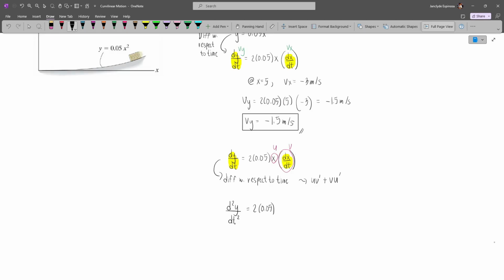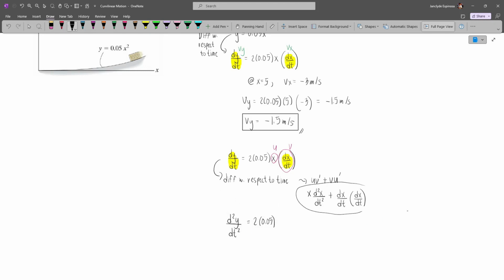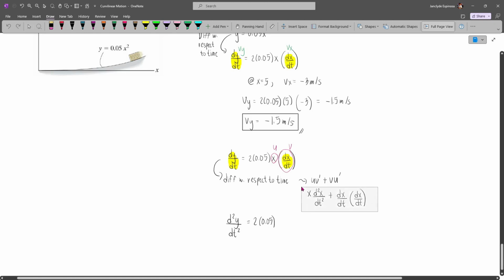Our u is x, and our v prime is d squared x over dt squared. Then we have plus v u prime, in which our v is dx over dt, and our u prime is dx over dt. Since this is the expression u v prime plus v u prime, we can copy this and multiply it by the constant term.